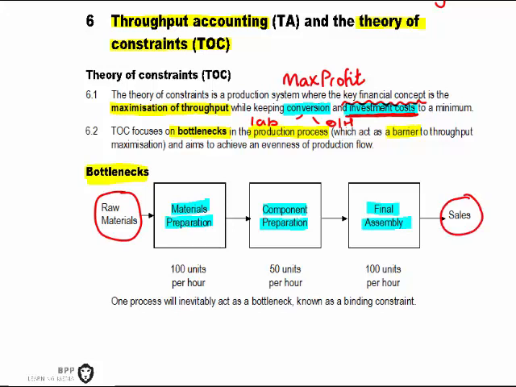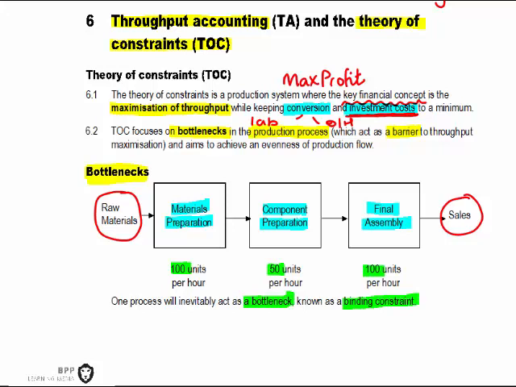Now if we look at the capacity of each of these processes, we can see that materials preparation and final assembly can deal with 100 units an hour. But for whatever reason, component preparation can only deal with 50. Now, we call this the bottleneck, and that's going to slow everything up. It's sometimes also known as the binding constraint, because it's the thing that's going to limit activity.